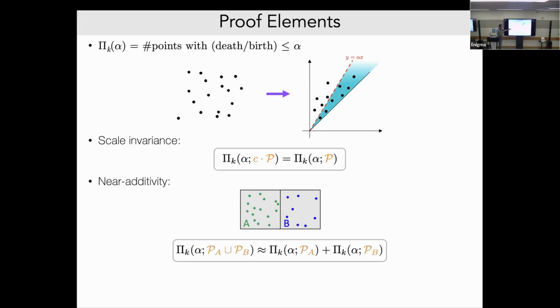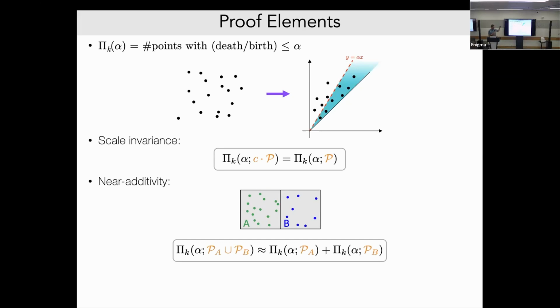The probabilistic statement, which is most important here, is near additivity. So if you have two point clouds, you put them one next to the other, you can count how many cycles you have here, you can count how many you have here, or you can count in the entire point cloud. And the point is that this almost breaks up additively, so you can just add this and that. And these two facts enable us to produce this universality result.